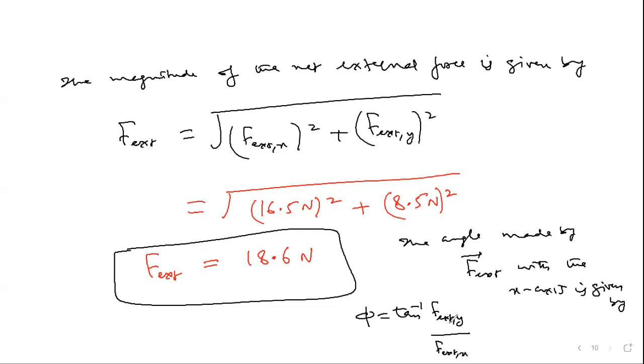So to find the direction, you divide the y component with x component. When you put the values, it will be 27 degrees. This gives you direction of external force, and circle it, 27 degrees.